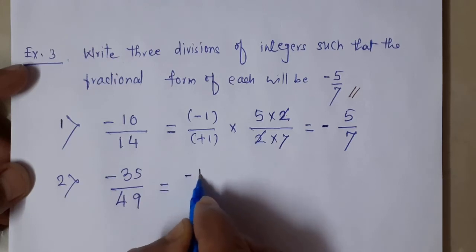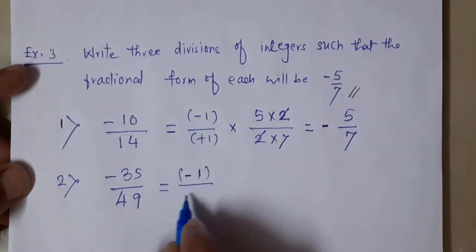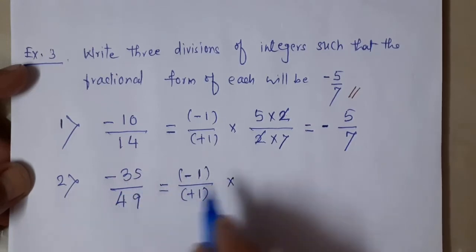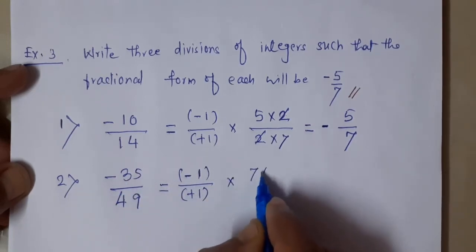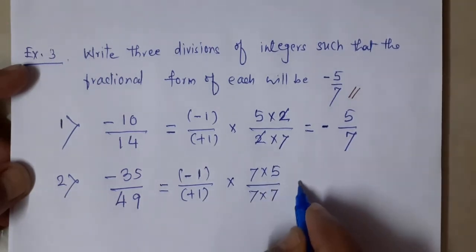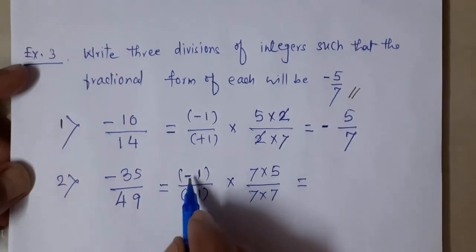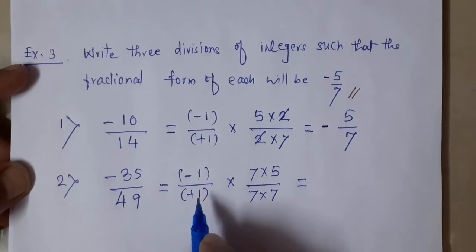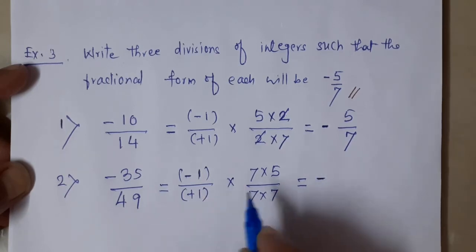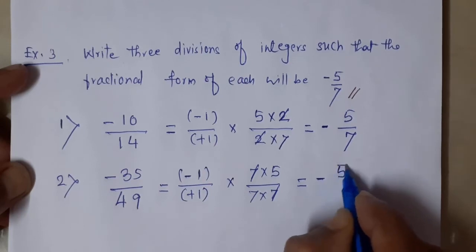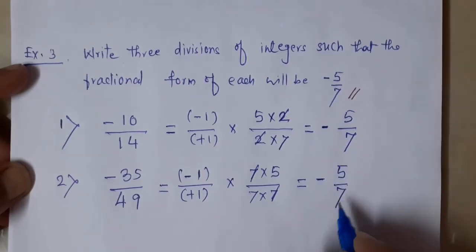I am again bifurcating it: minus 1 divided by plus 1 multiplied by 35, 7 5s are, and here 7 7s are. Again you know the result of a negative integer divided by a positive integer is negative. Here 7 is common, that's why it is minus 5 by 7.